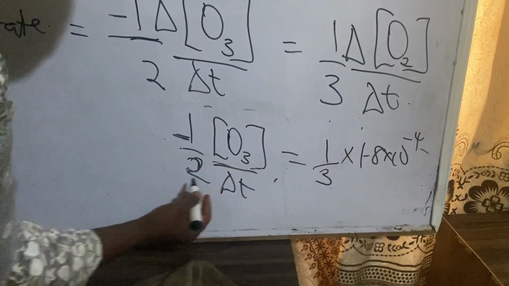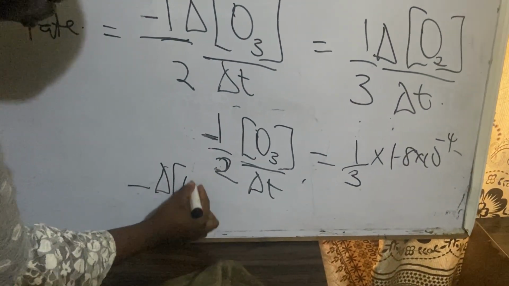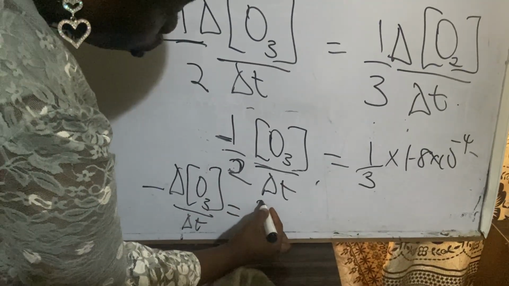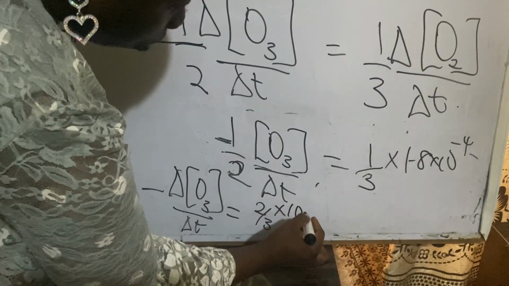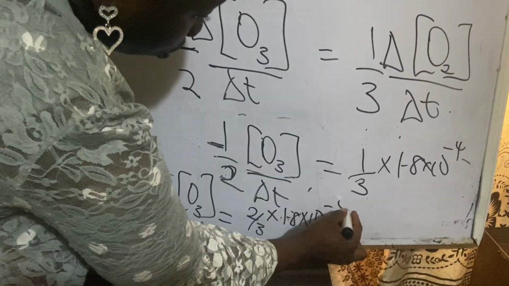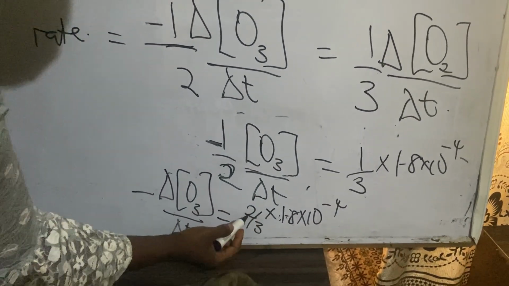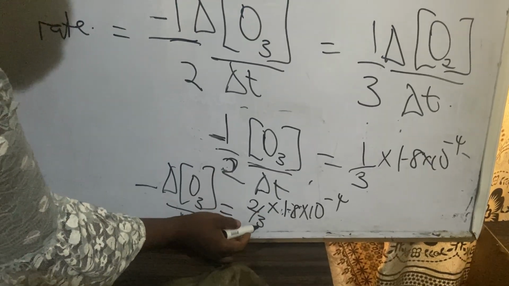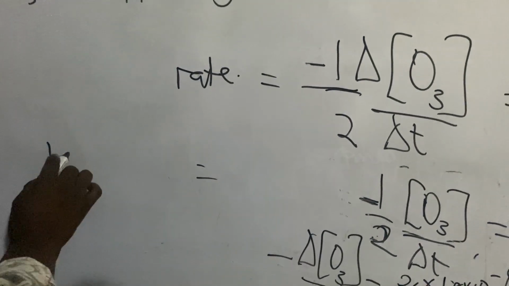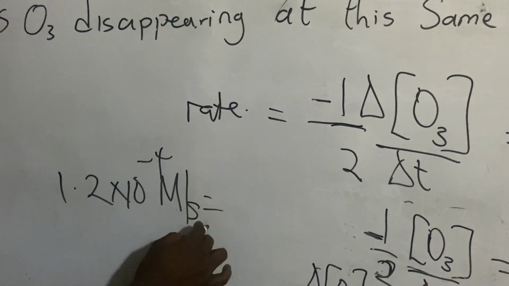So if you cross multiply, it becomes minus change in concentration of ozone all over change in time equal to 2 over 3 times 1.8 times 10 raised to power minus 4. When you multiply this by this, you have 3.6, but if you divide it by 3, it becomes 1.2. So you still have the same value, 1.2 times 10 raised to power minus 4 molarity per second.